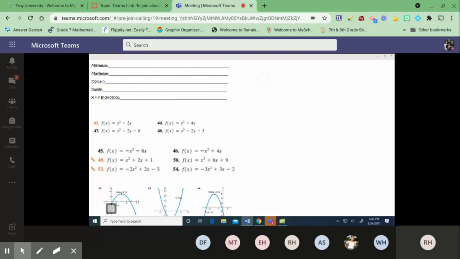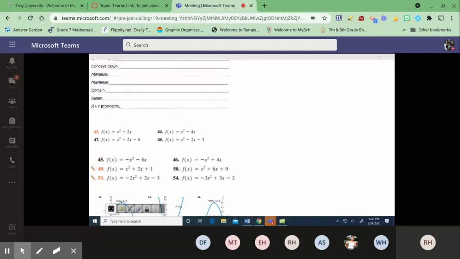I have f of x is equal to negative 2. For me to complete the square, I'd have to factor out that negative 2, because my first term has to be a square number, right?